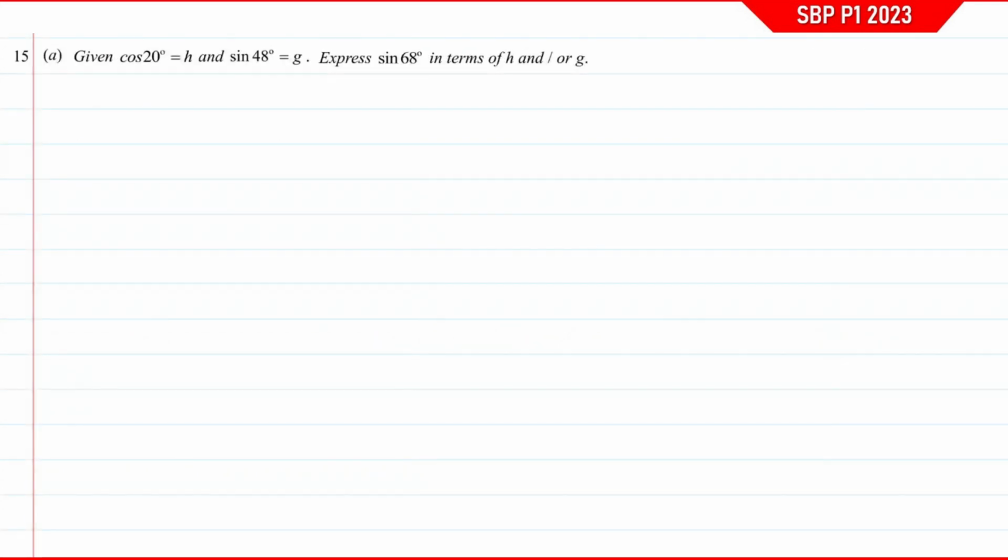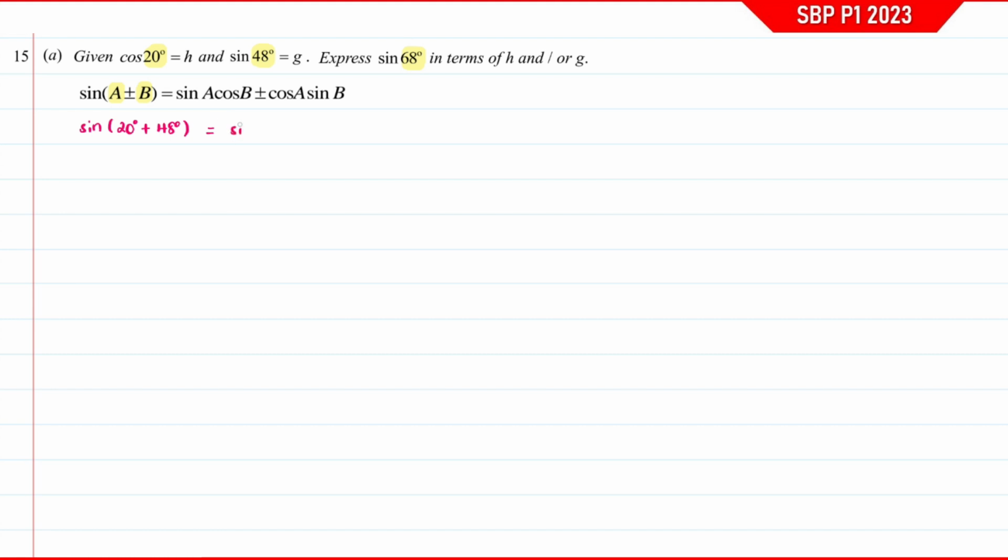Question 15. A. Given cos 20 degrees equal to h and sin 48 degrees equal to g. Express sin 68 degrees in terms of h and or g. So here if we look at the angles given, when we sum up the 20 degrees and the 48, it is actually equal to 68. So here we can express the sin 68 using the addition formula. And we can replace the A and B here with the angles 20 and 48.